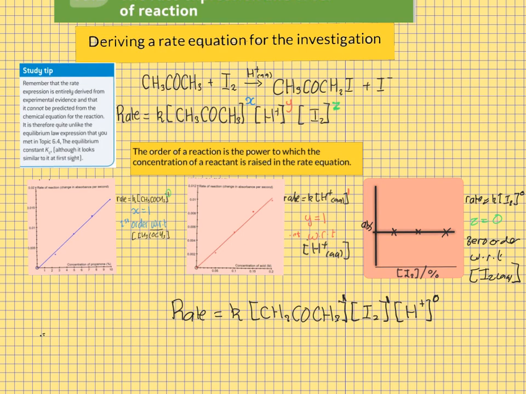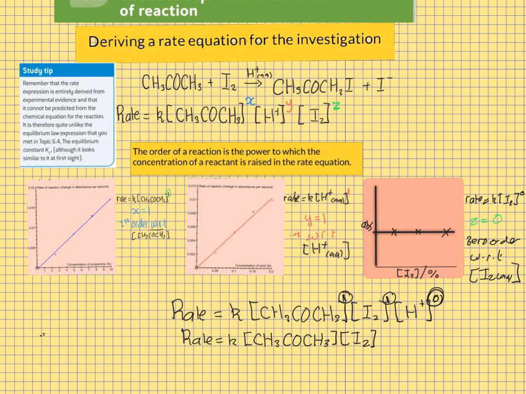So we can now write a rate expression, and we can simplify it. So here are the orders of reaction with respect to each of the 3 reactants, and since the reaction is 0 order with respect to the concentration of iodine, anything to the power of 0 is 1. So we can now leave it out of the rate expression.